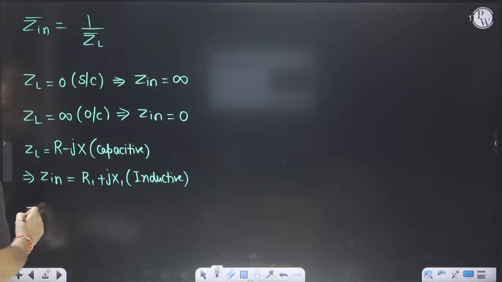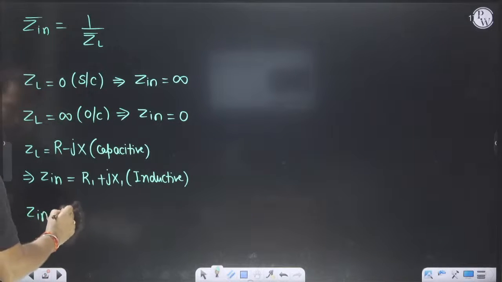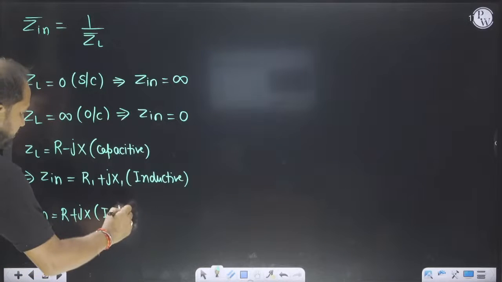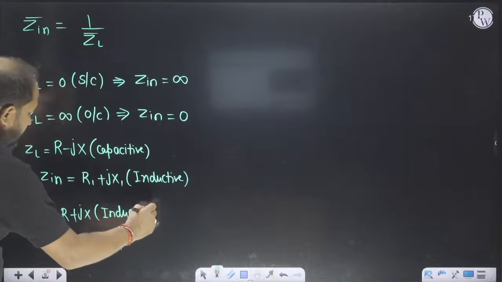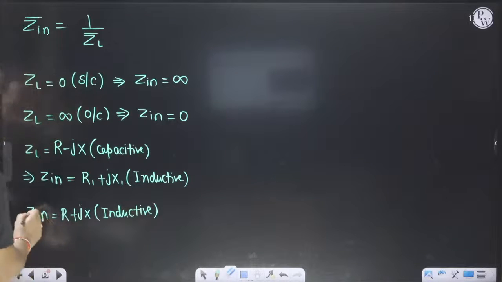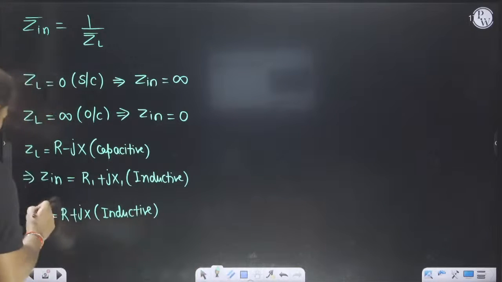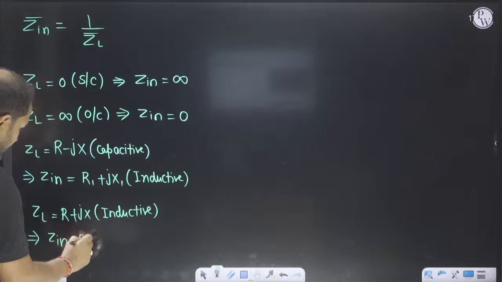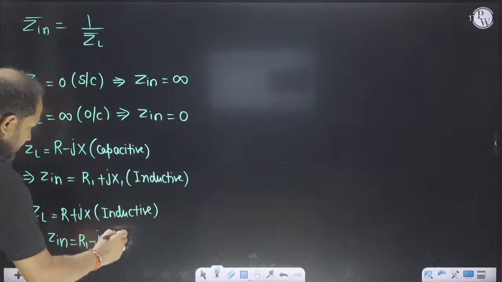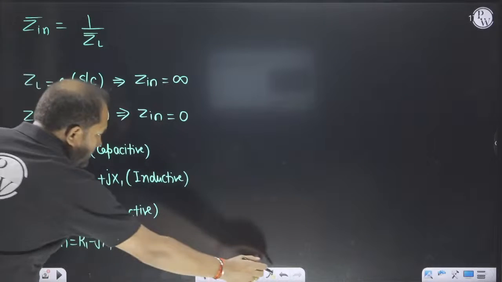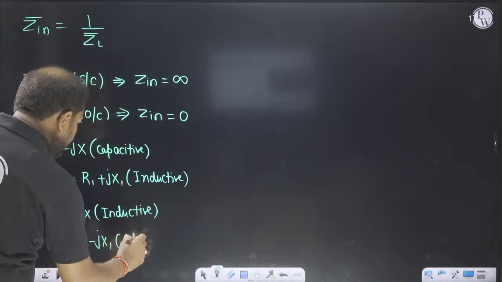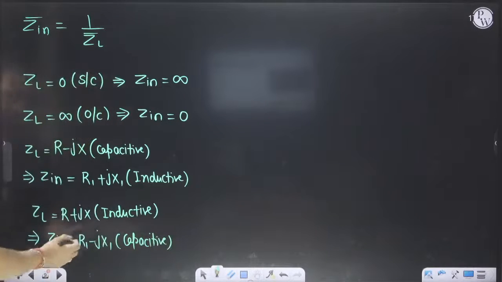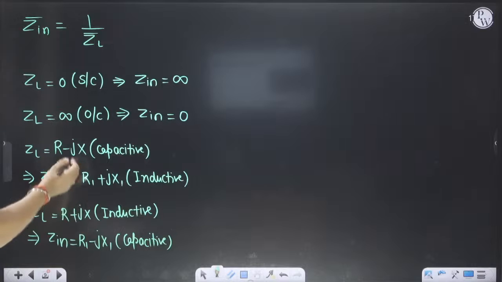If ZL is inductive, then Zin is capacitive. So minus j is capacitive, plus j is inductive.